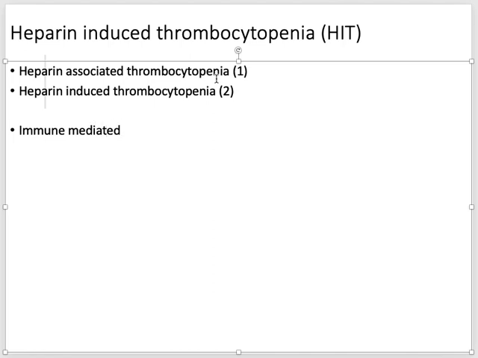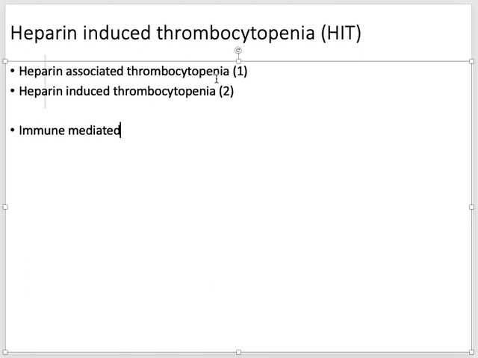What happens? Antibodies recognize the heparin. When they recognize the heparin, they activate the platelets, and they activate the coagulation system. Simply, when we give heparin to any patient, the antibodies recognize heparin and platelet factor 4.